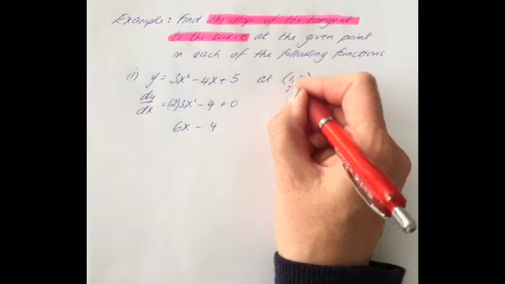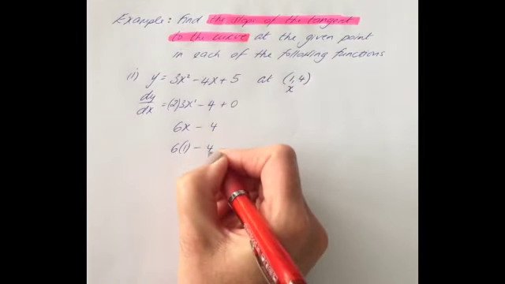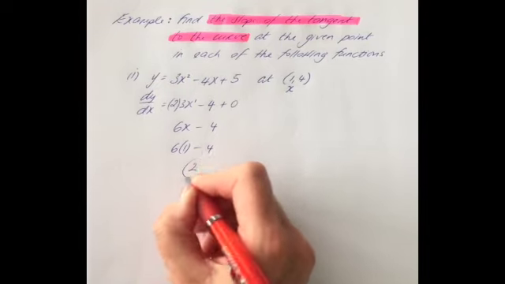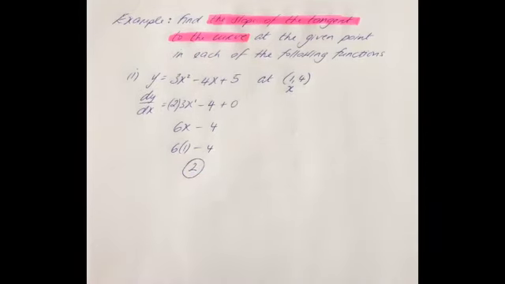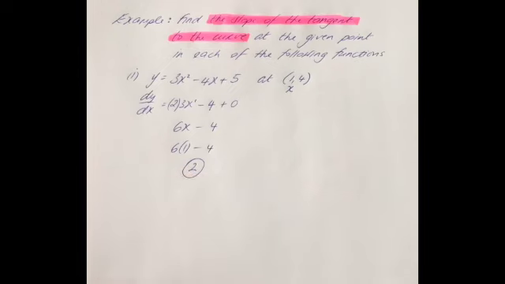So we're going to sub in that x-coordinate value 1, and so we get 6 times 1 - 4, which works out to be, of course, 2. So 2 is the slope of the tangent to that curve at that point. In other words, 2 is the slope of that tangent line.